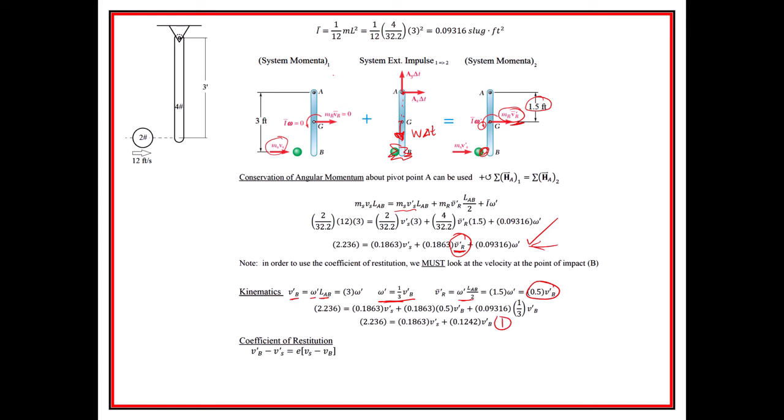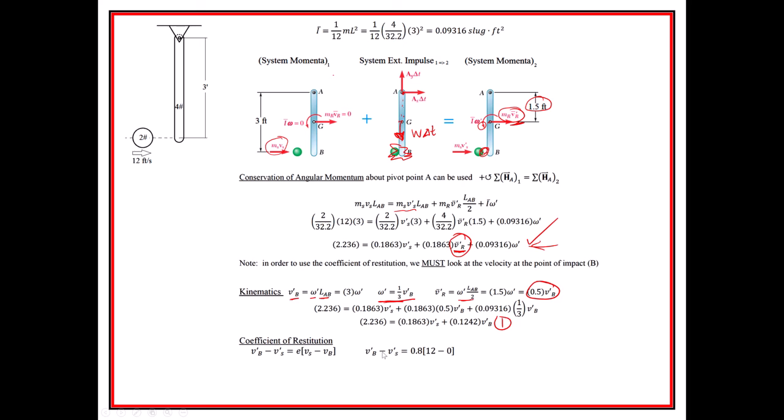The coefficient of restitution is going to be about the S, I guess that's the sphere, and point B, right? That's really where the bounce takes place. So that's where we have to take the coefficient of restitution. And we see that we start out with 12 on the sphere and 0 at point B, right here on the left-hand side.